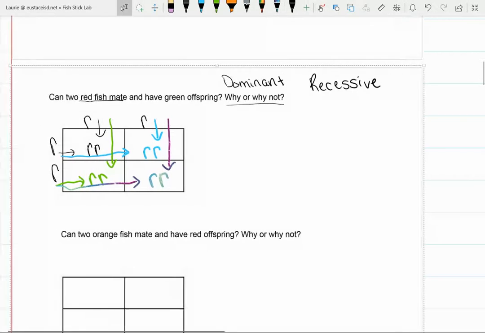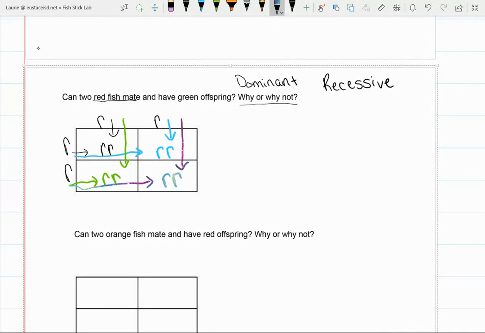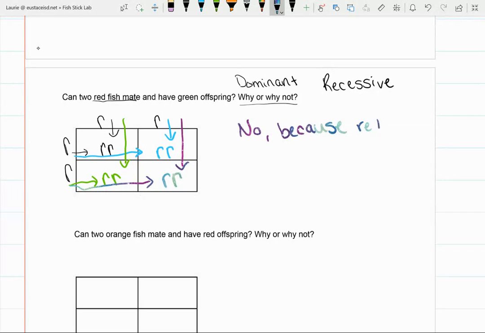So if I'm going to explain my answer, I'm going to say no, because red fish only have the recessive r gene.